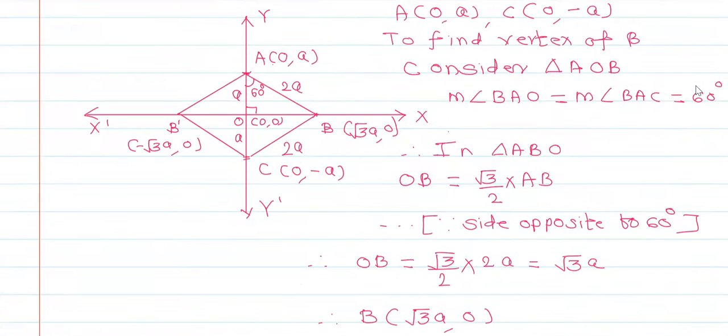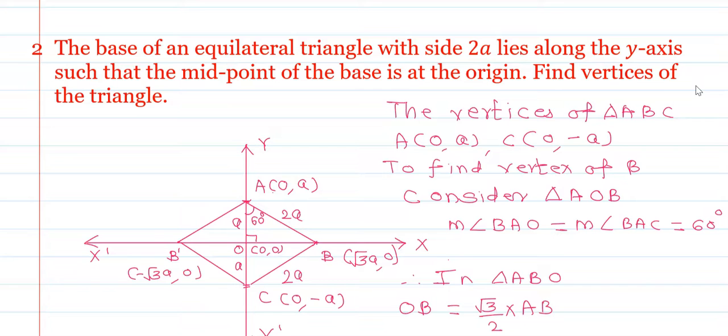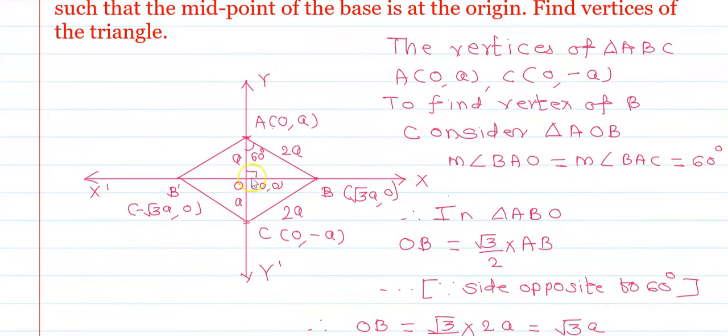Therefore, it's a very simple problem. You can apply the Pythagoras 30, 60, 90 degree theorem and you can find out this OB, as it is an equilateral triangle.